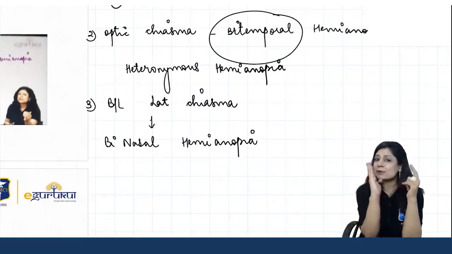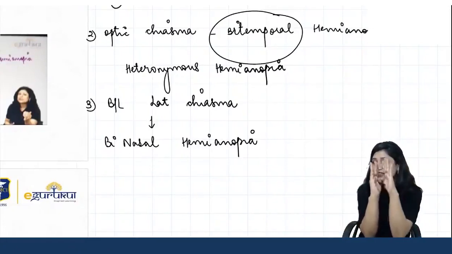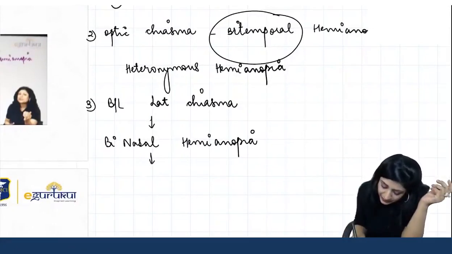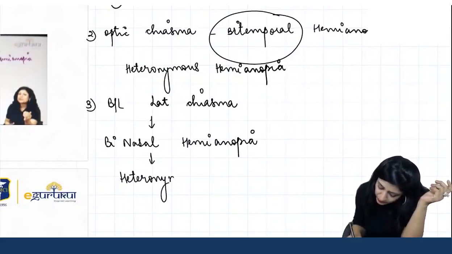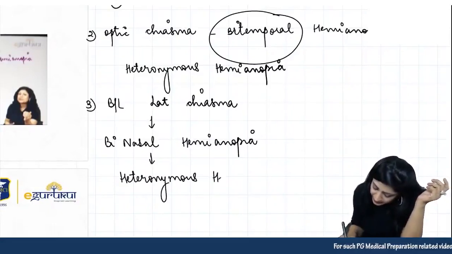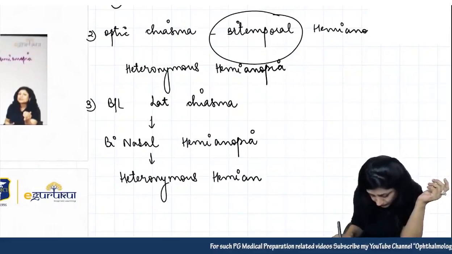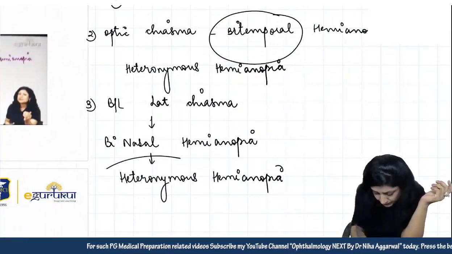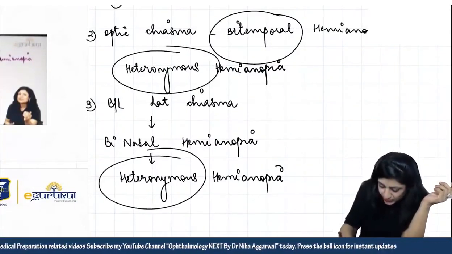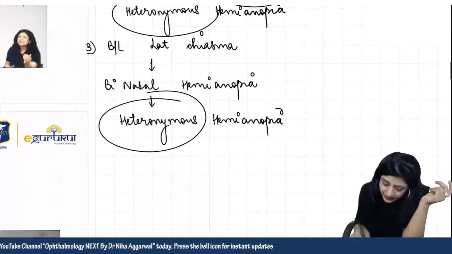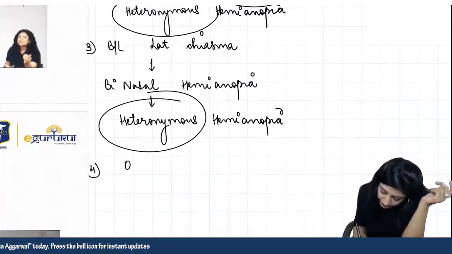Right eye's nasal will be on the left side and the left eye's nasal is on the right side. So again this is heteronymous hemianopia. This is also heteronymous. Then you are there with the optic tract.